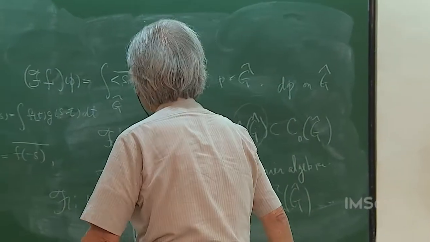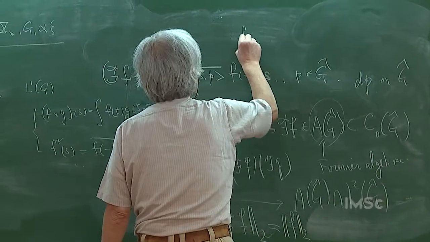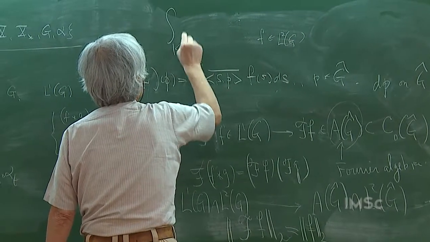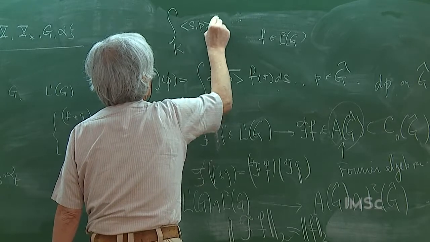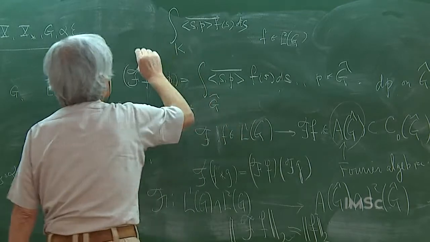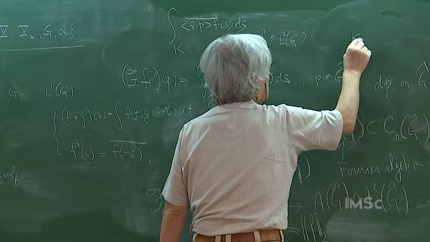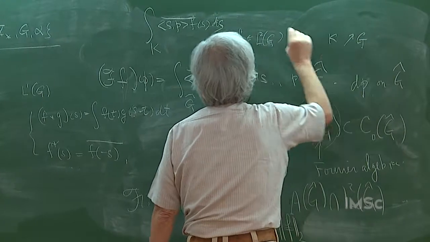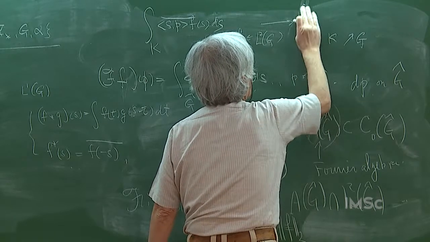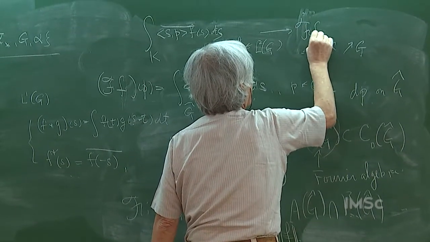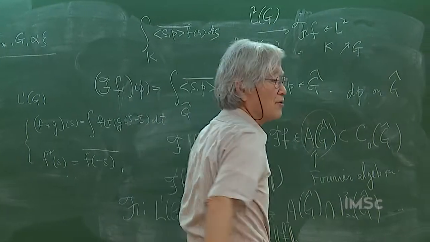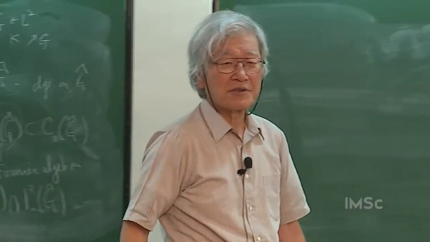Indeed, if f is in L2(G), then this integral over K of p(s) f(s) ds converges, and when the compact set K increases to G, this converges to the extended Fourier transform of f in the L2(G) sense, not pointwise convergence, okay?